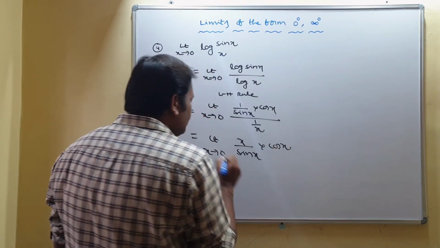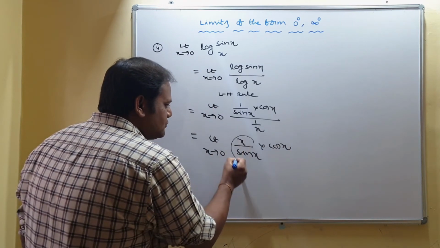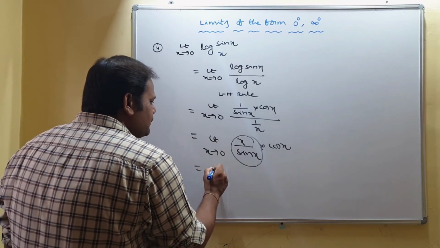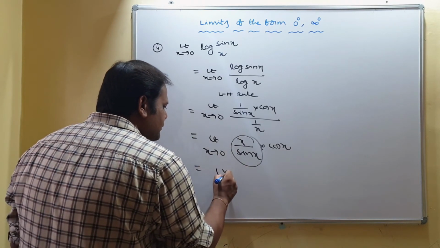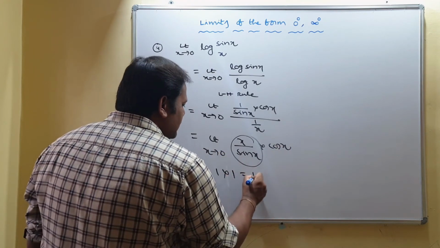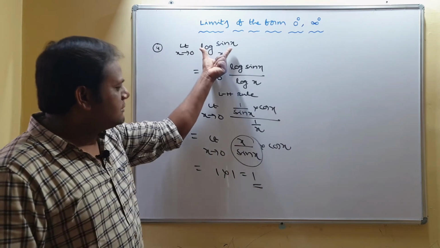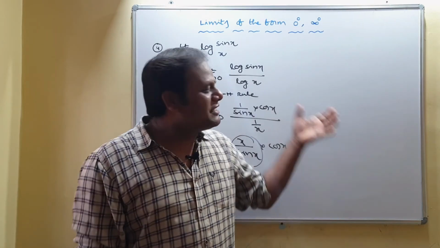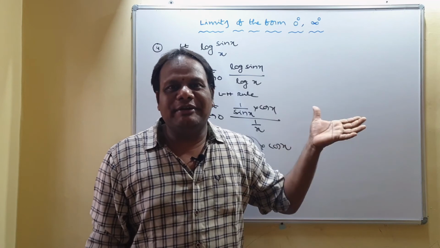We know that limit x tends to 0, x by sin x value is 1. So we got 1 into cos 0, that is also 1. So limit of this is 1.